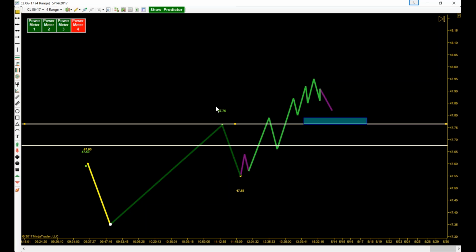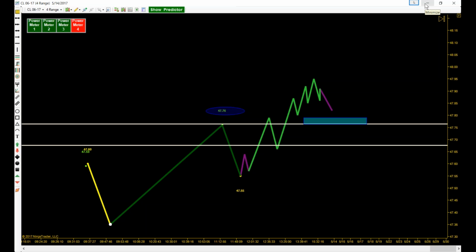See the numbers? Little numbers on there? That means that's actually looking at a 4 range chart, but on a 15 swing strength. So it knows these thrusts, these retraces, these thrusts. Okay? So that's exactly how you draw it on your chart.